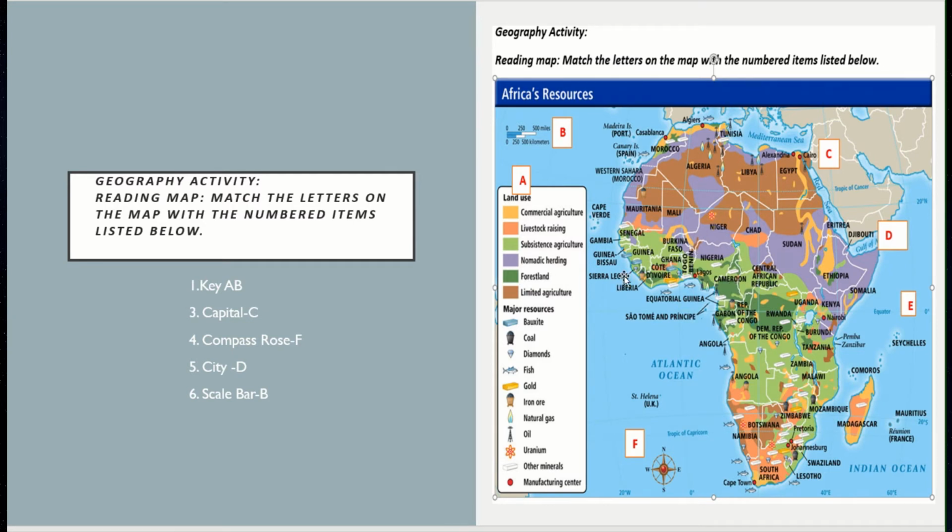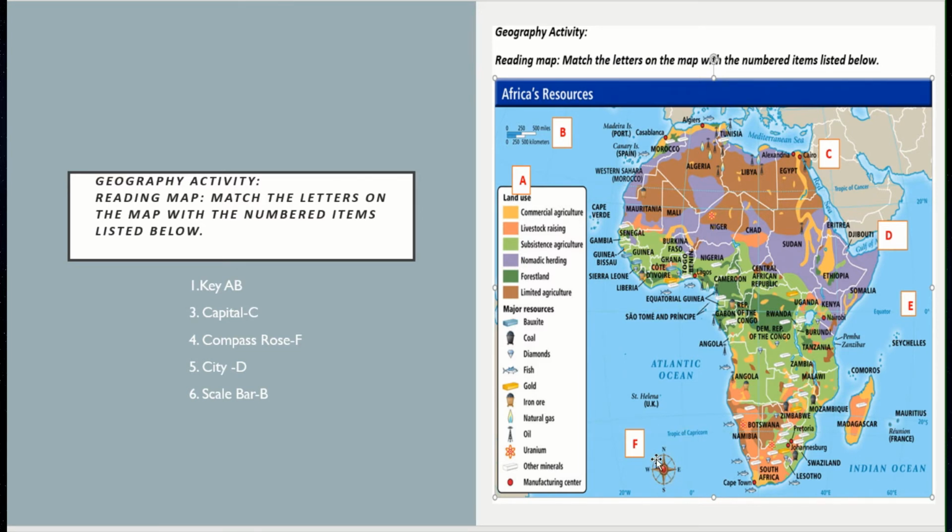So we cannot draw a line of 100 kilometers, but we compare using this scale bar, that 100 kilometers will be 1 centimeter or 2 centimeters. So if you measure 2 centimeters of the line here, that will be equal to 100 kilometers of distance. So you should know how you are going to unlock the answers.